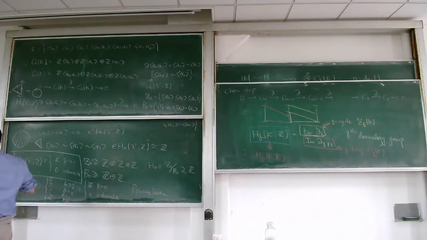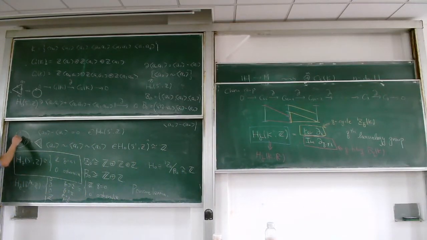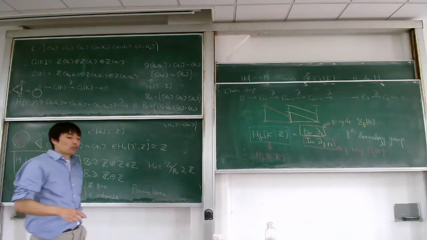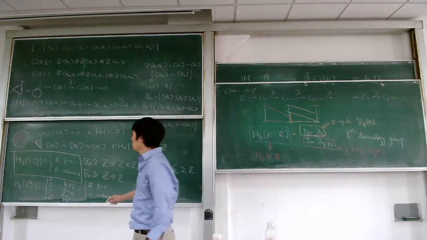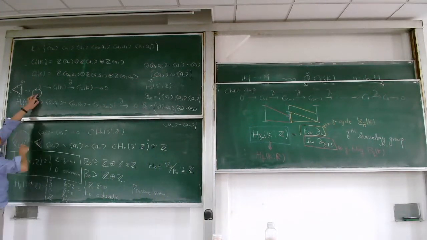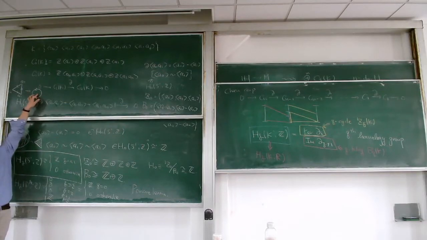So you can just continuously move to the point. Any point on the disk just shrinks to the point. That's called contractible. On the other hand, if you consider the circle, there is no interior, right?